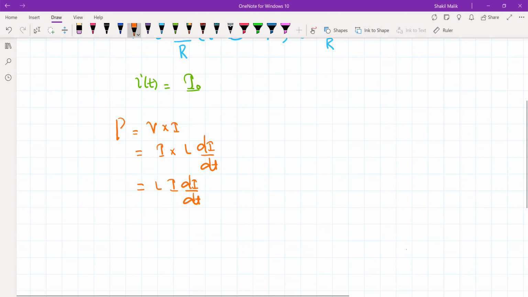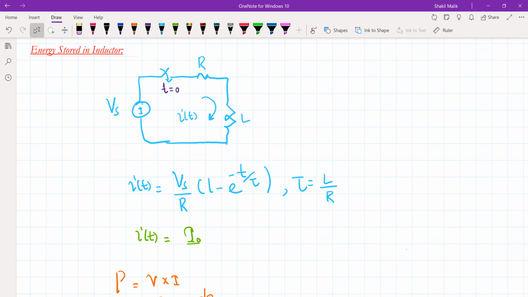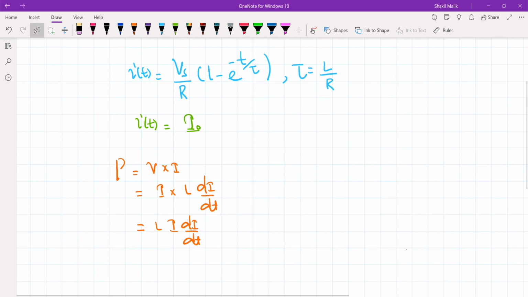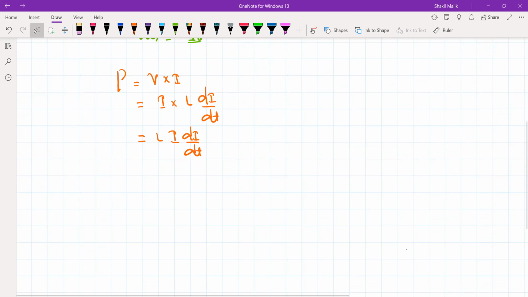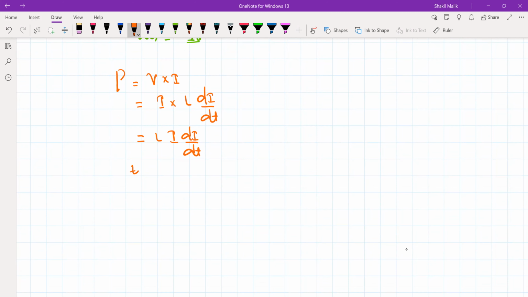Now, if we have turned on the switch at t equal to 0 and kept it in the closed position for some time t, how much energy will be stored? For that we can use the relationship between energy and power.